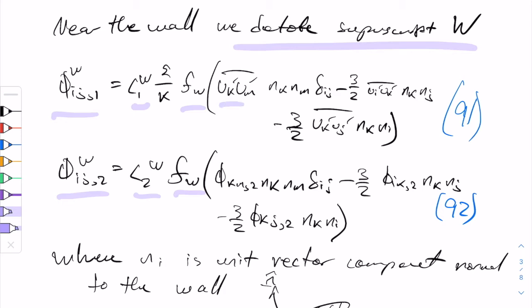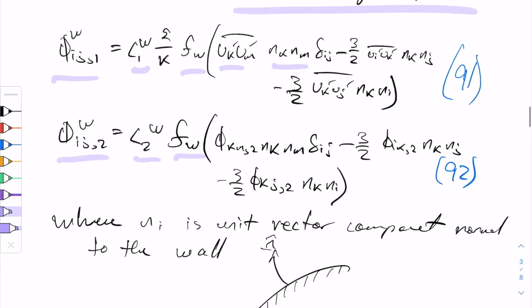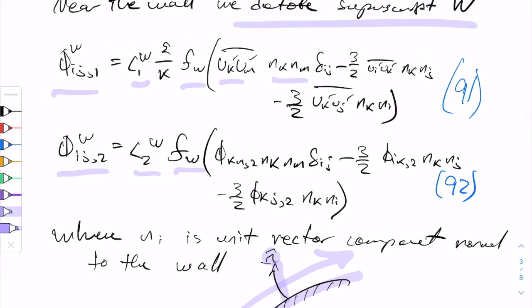We have u_k prime, u_m prime. We have these normal vectors. So n is the normal vector from the wall. So here's a wall, and the boundary layer, of course, flows in this direction, perhaps. There's a normal vector n bar. So n_i, n_j, n_k, or l, m, n, are these components of the normal vector near the wall.